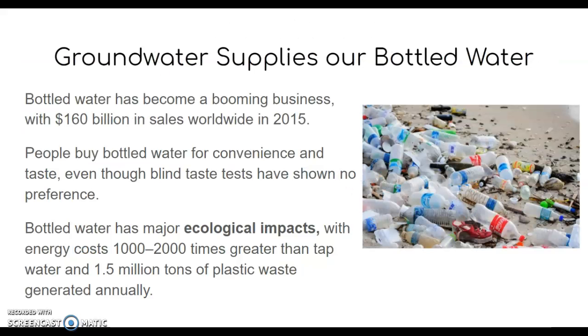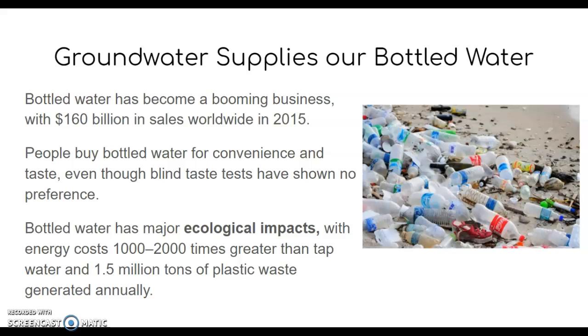Our groundwater also supplies our bottled water. This is one of the reasons why we deplete so much groundwater, because there is a high demand for bottled water, because people think it's superior, or people live in an area where they don't have access to clean water, so it's better for them to buy bottled water. But it is an issue because it has a lot of ecological impacts.